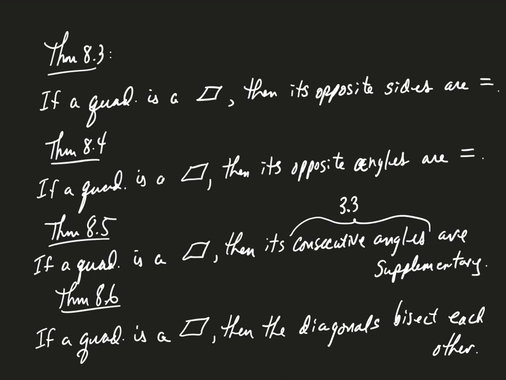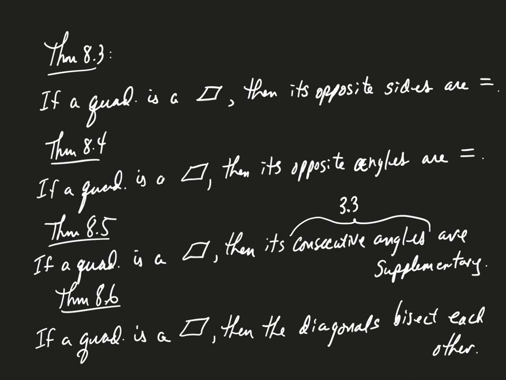So now just the application in quadrilaterals, any consecutive angles are going to be supplementary, add up to 180 degrees. And then finally 8.6, if a quadrilateral is a parallelogram, then the diagonals bisect each other. Remember, bisect means cut into two equal pieces.